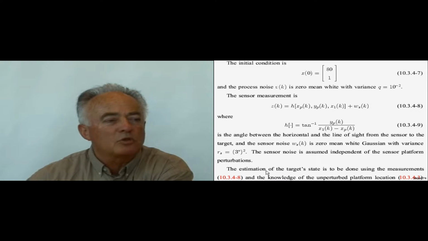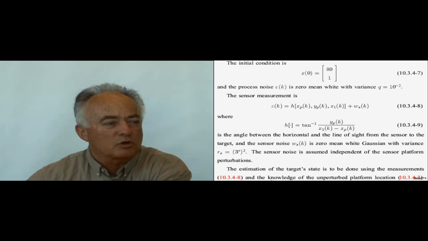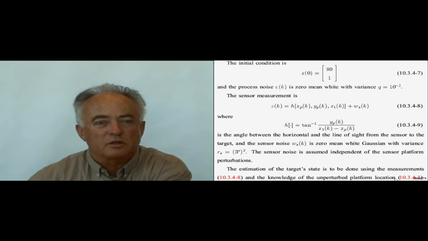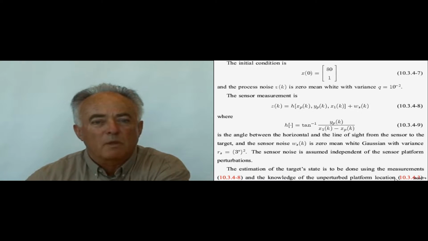And the estimation of the target's state is to be done using the noisy measurements and the knowledge of the unperturbed platform location. Typically, there is either an inertial navigation system that knows where the platform is, or GPS, or a combination of both. We'll deal with these in the last chapter, number 12.